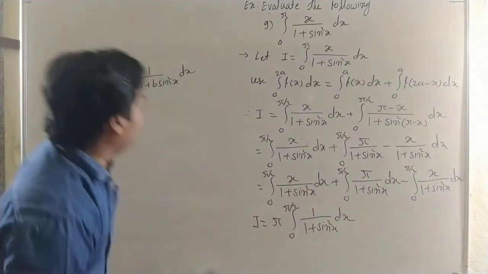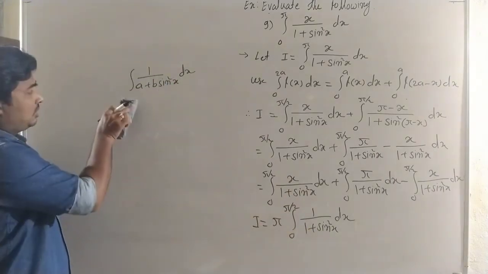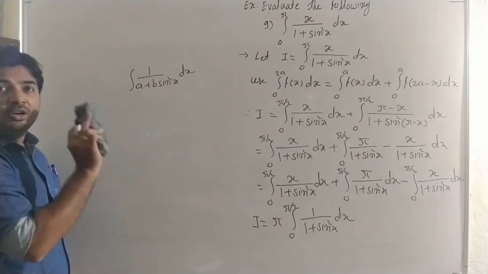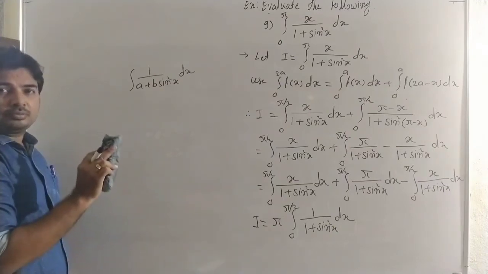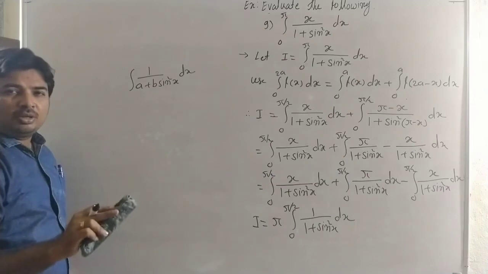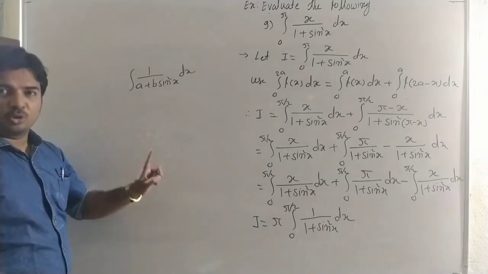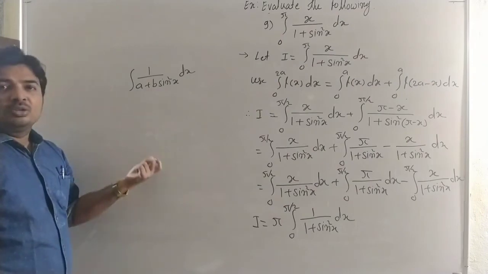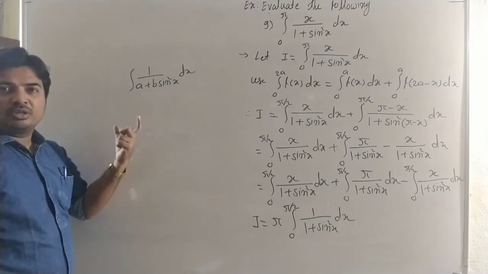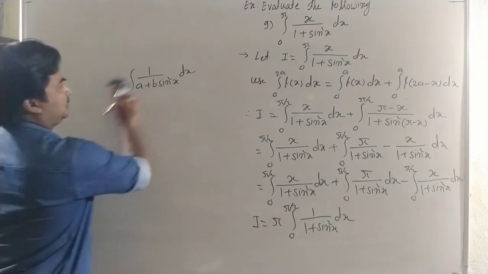Now here it is 1 upon a plus b sin square x, that means we use this method. First step, divide numerator and denominator by cos square x. Then in the denominator use sec square x is equal to 1 plus tan square x, only in the denominator, and after that put tan x is equal to t.